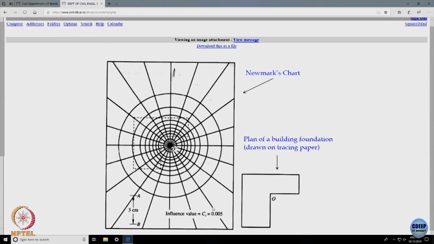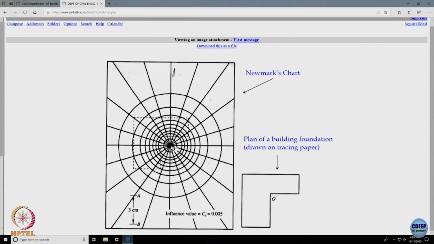So, the influence value or the IB value becomes 0.005 times Q. If Z is known, what I can do is this whole thing which is to the scale can be shifted over here and find out what is the state of stress at a point O of your interest, as simple as this. I will just write down a few steps, you just follow them, you should be aware of how these types of things are computed.